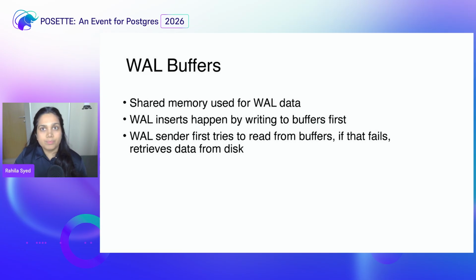Also, the WAL buffers are flushed periodically by the WAL writer process. So, for very small transactions, we make sure that the WAL buffers are consistently flushed to disk, so the WAL buffers can be reused by other backends. So this should not be set to a very high value as well.